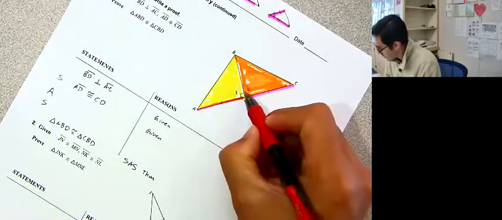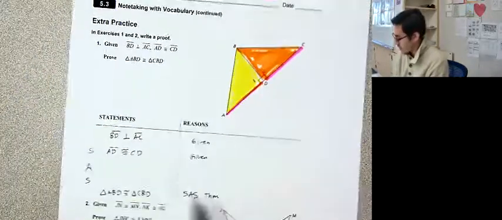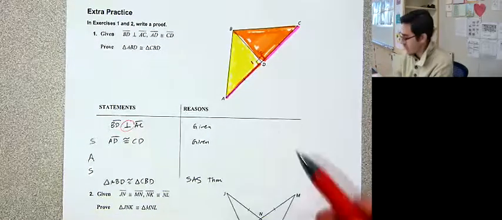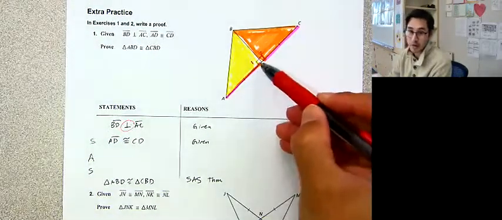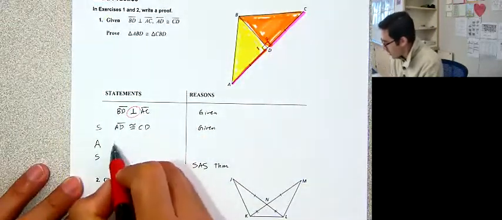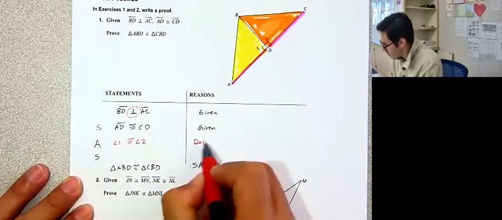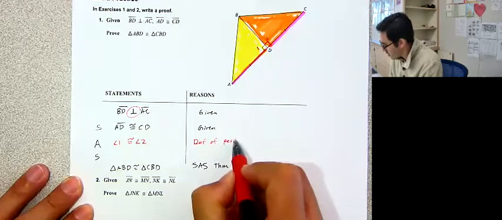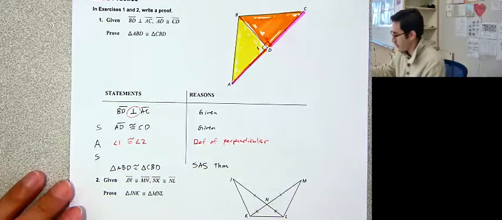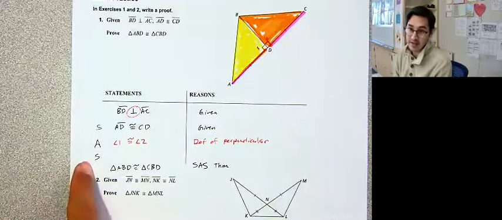Well, it would also have to be 90 degrees because the lines are perpendicular, and the definition of perpendicular is that the angle at the point of intersection is going to be 90 degrees. Okay. So we can go ahead and write angle 1 is congruent to angle 2, and we'll use definition of perpendicular.